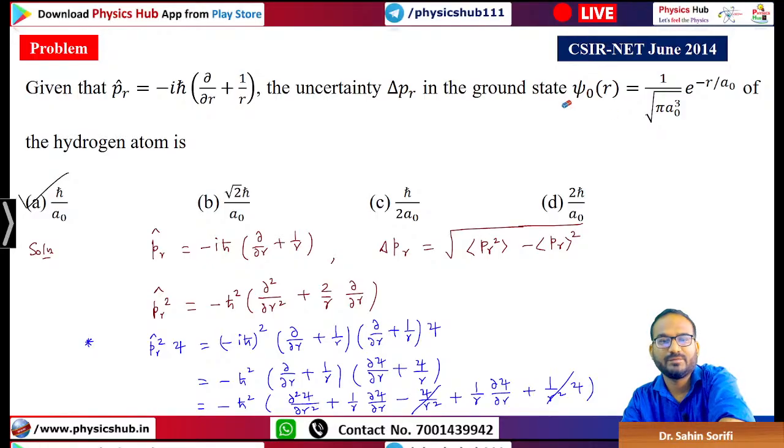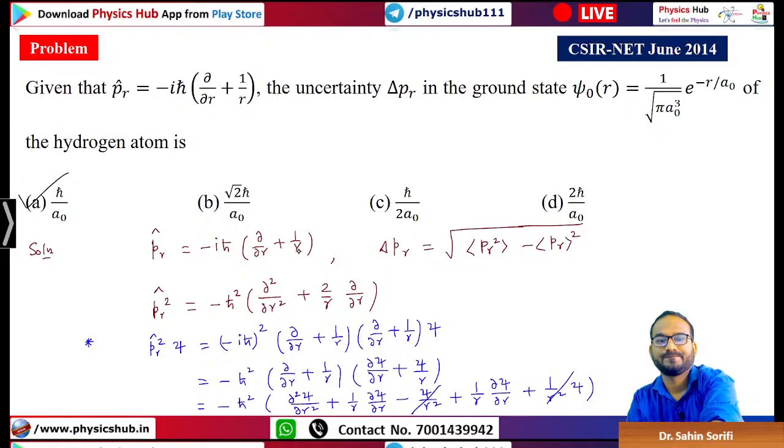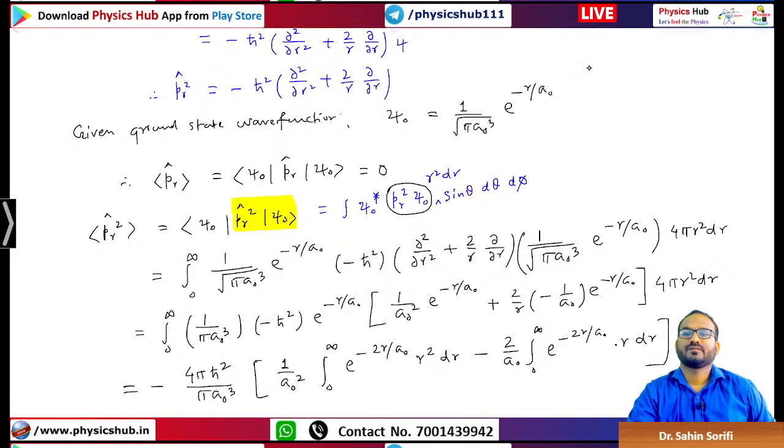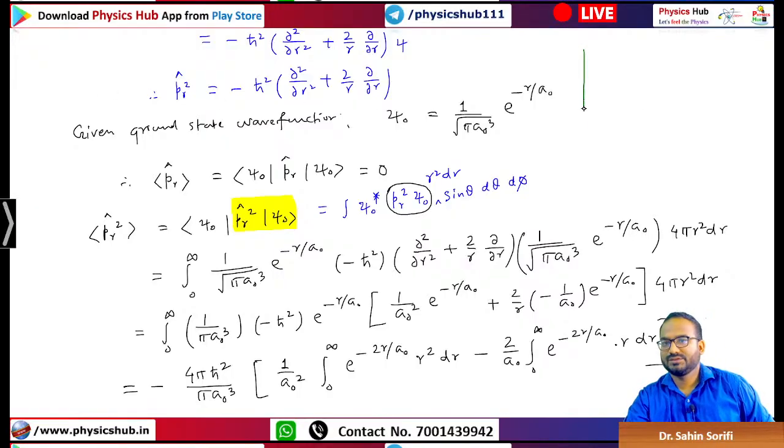Here it is not momentum, but minus i h cut del by del r, this is related to momentum, and this is 1 by r, so the expectation value will be 0. Okay, we can just write it as a note. Good question you asked.